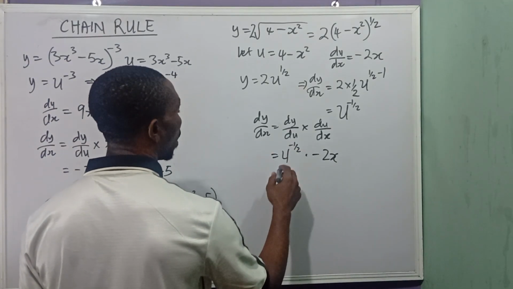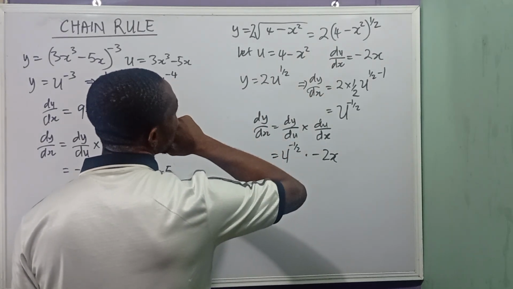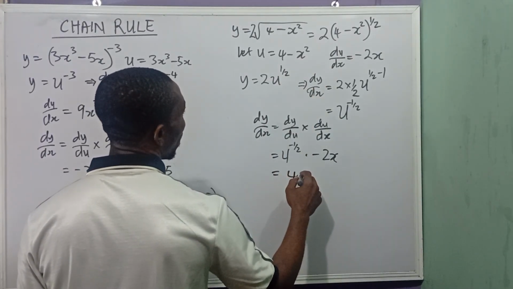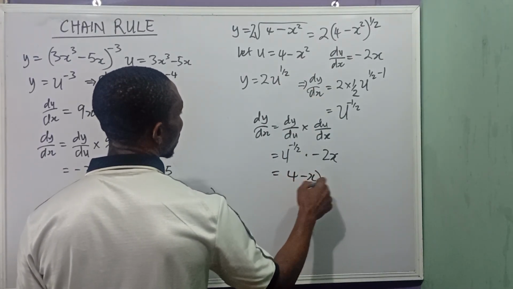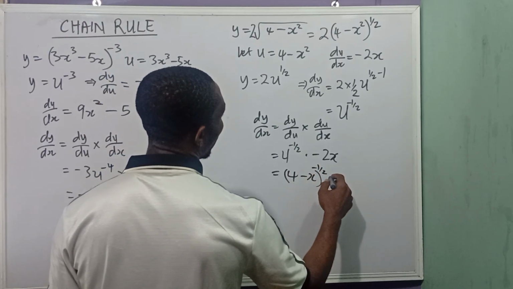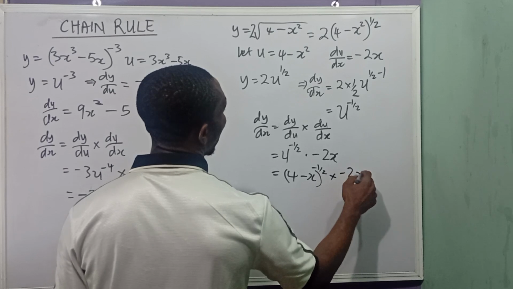Bringing in our u, u is 4 minus x squared raised to power minus half, times minus 2x.